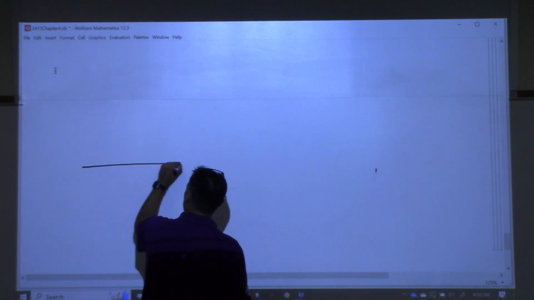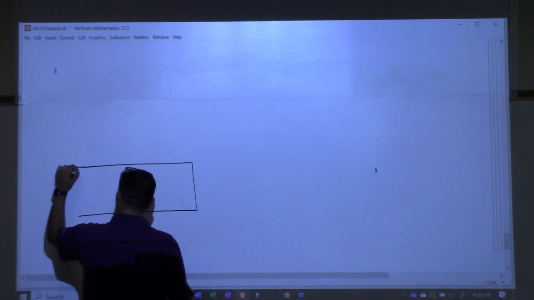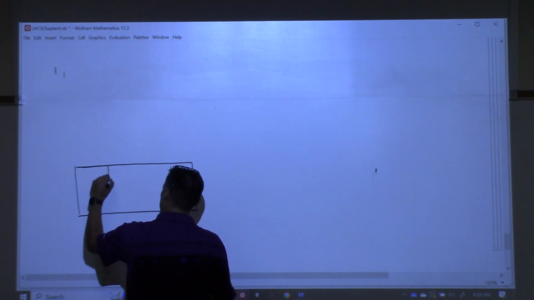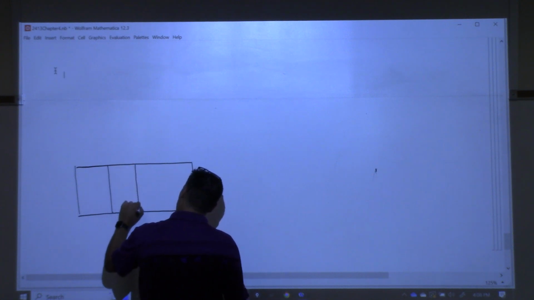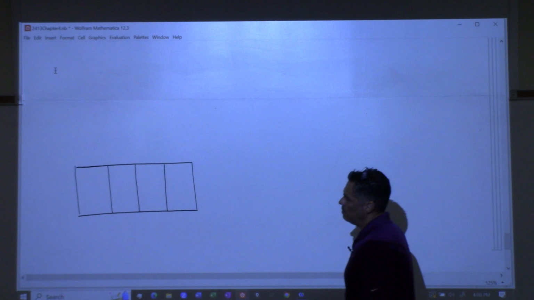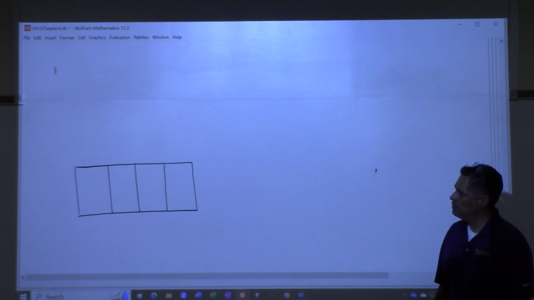What I want to do is build a rectangle like before, but for this one, it's actually going to be four identical rectangles like this.